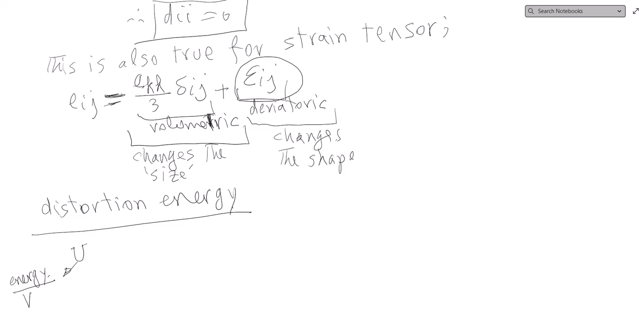per unit volume of your medium, actually 1/2 of sigma_ij epsilon_ij. This is total energy, right?